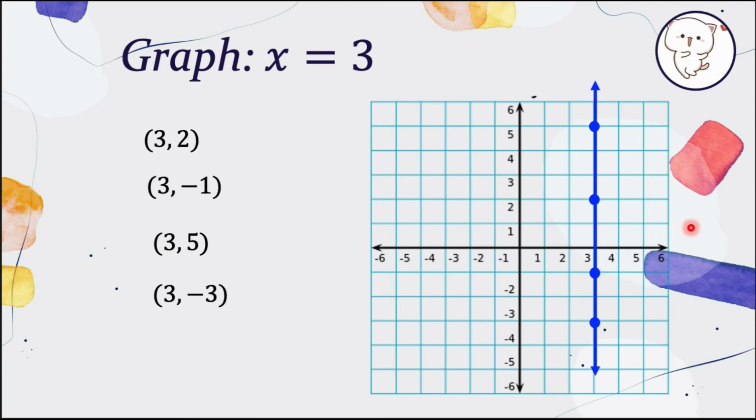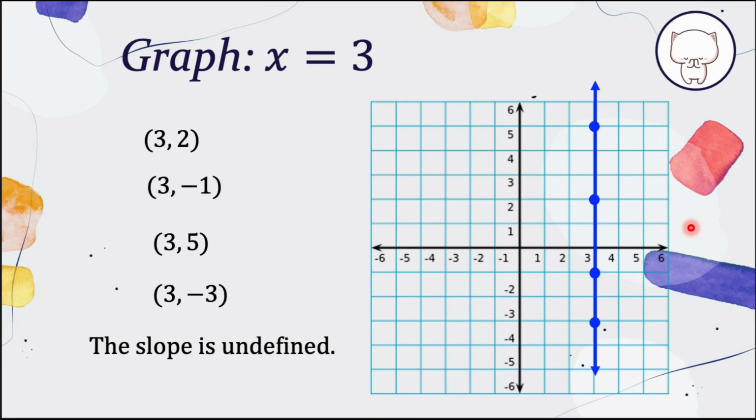And as you can see, the graph is vertical because the slope is undefined. You can check it by using the formula for the slope, which is y sub 2 minus y sub 1 over x sub 2 minus x sub 1. Even getting just 2 points here, the slope will be undefined.